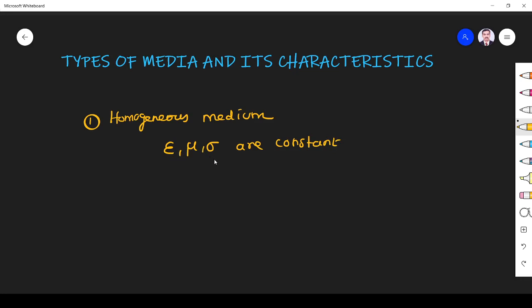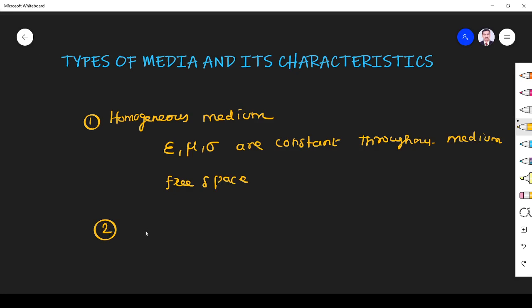These three values are constant throughout the medium. If these three values are constant throughout the medium, that medium is known as homogeneous medium, right? The best example is free space.